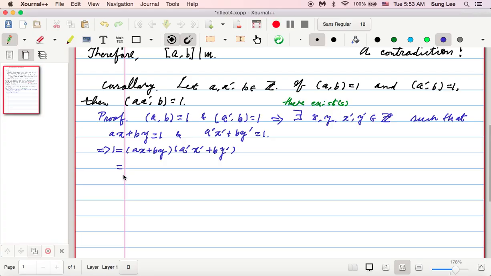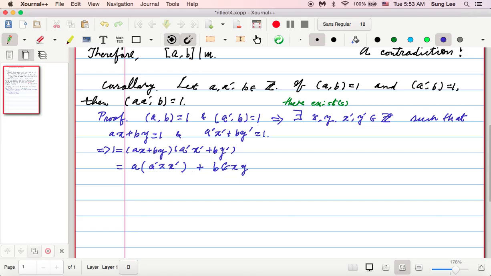If you do, you get a times a prime x prime plus b times x y prime.